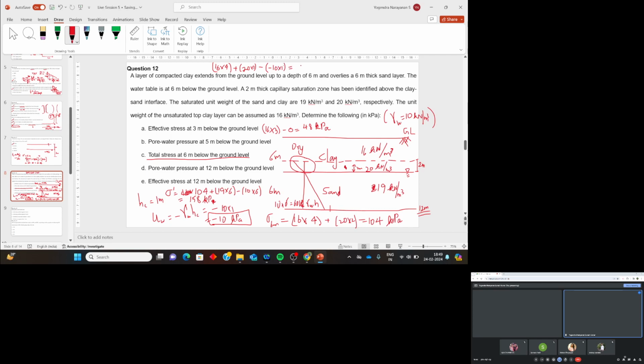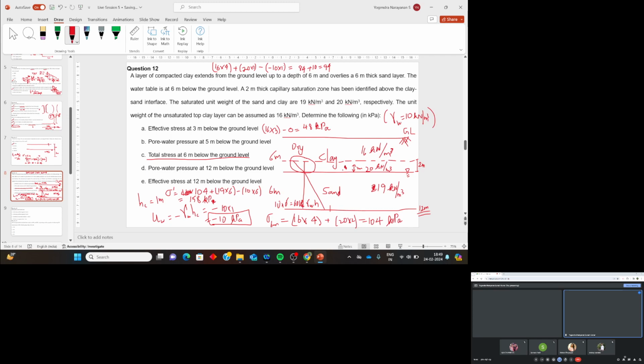So what will happen eventually? 84 plus 10, it will be 94. So that is the difference between pore pressure in the capillary zone and pore pressure below the water table. Here water will be under compression. Here water will be under tension.